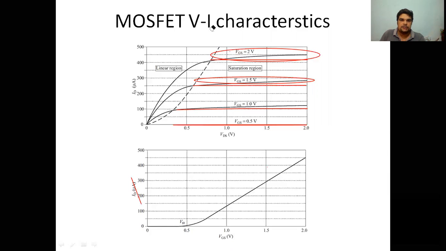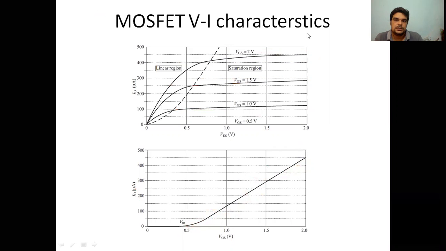As the value of VGS increases above the threshold voltage, the drain current also increases. So this is all about this lecture. In the next lecture we will continue studying MOS transistors.